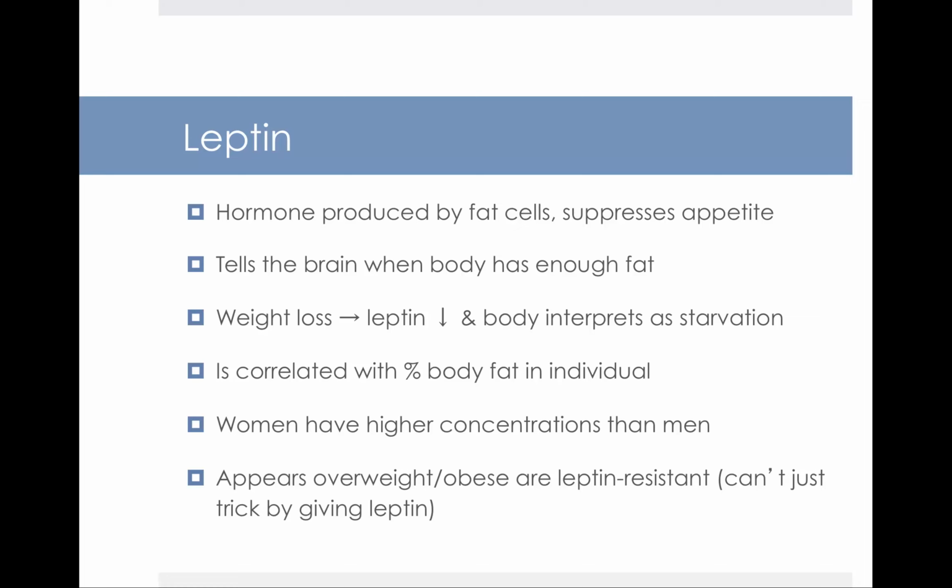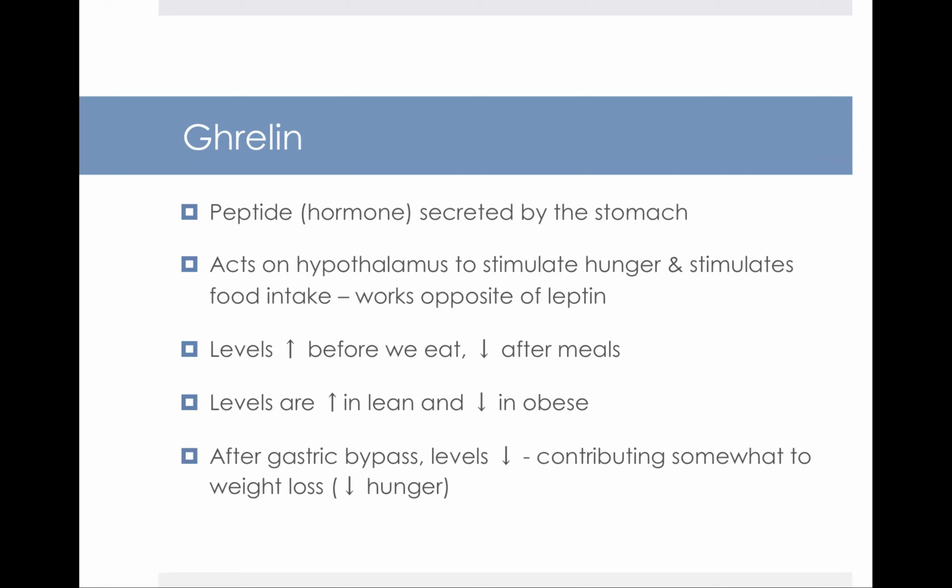Okay, so it appears that overweight and obese people are leptin resistant, and you can't just trick them by giving leptin. So there are all sorts of really cool animal studies that came out once leptin was understood and was first discovered, but they haven't really transferred well into the human space, and leptin hasn't been proven to be this weight loss hormone that scientists originally thought it would have been.